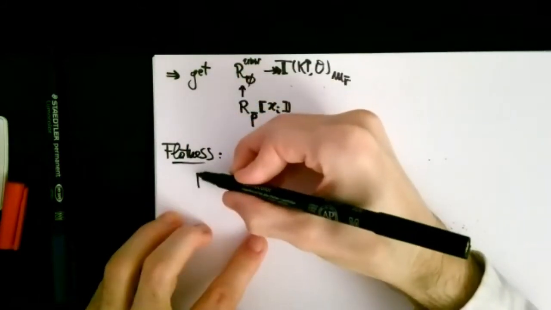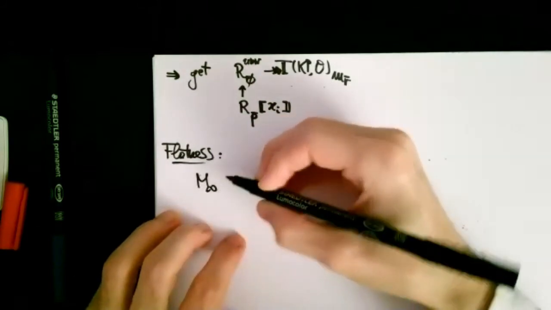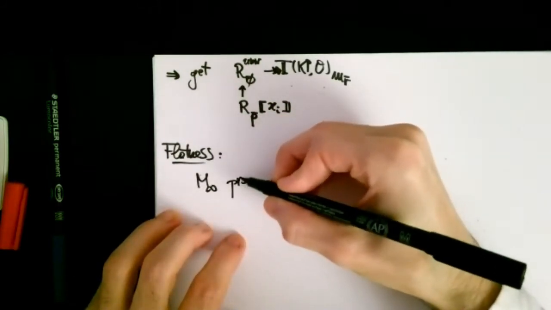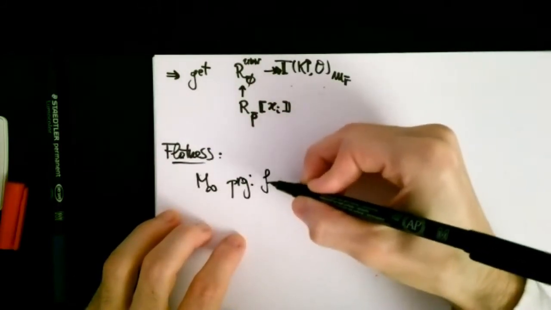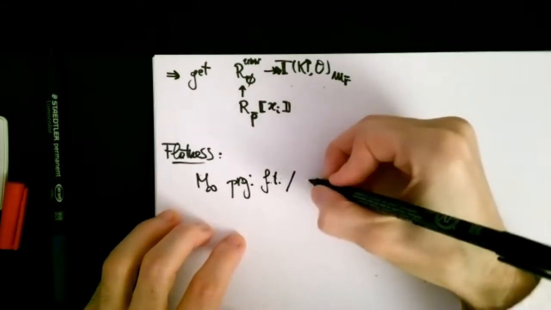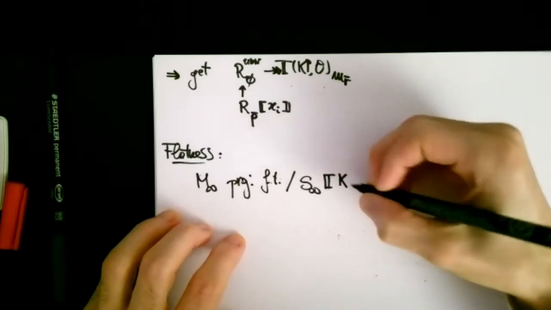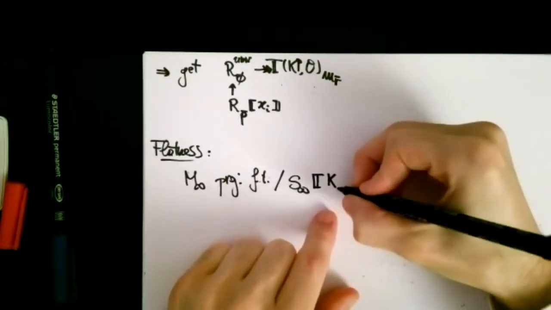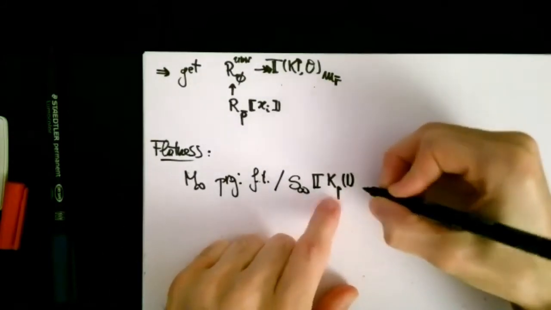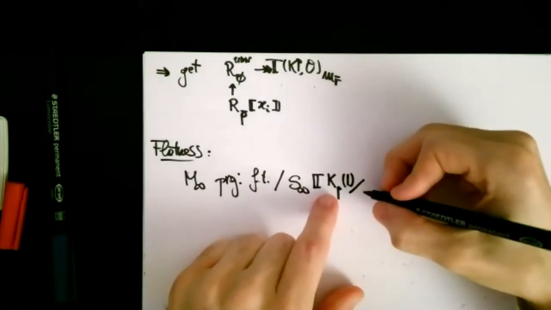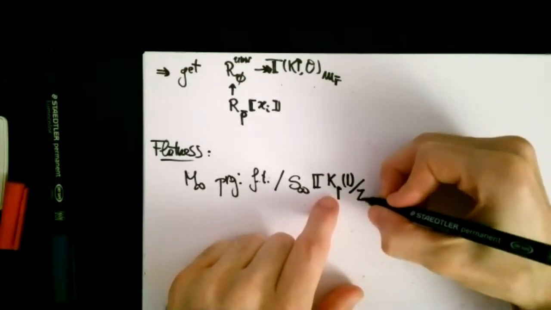We know that M infinity is projective of finite type over S infinity double bracket. Here I can take a compact open subgroup, the pro-p compact open, the principal congruence subgroup, mod the center.